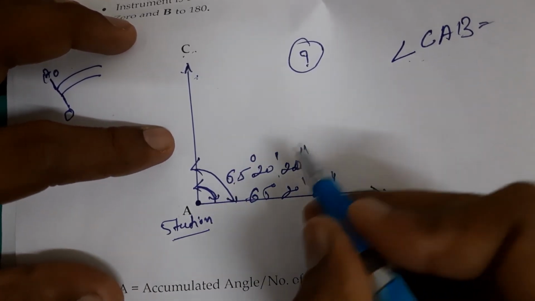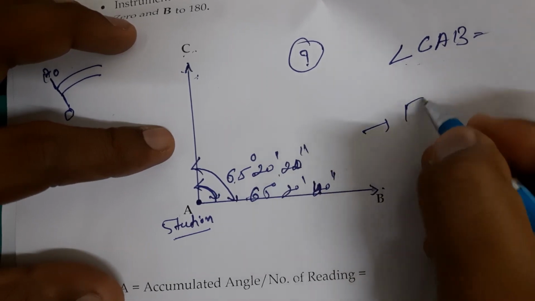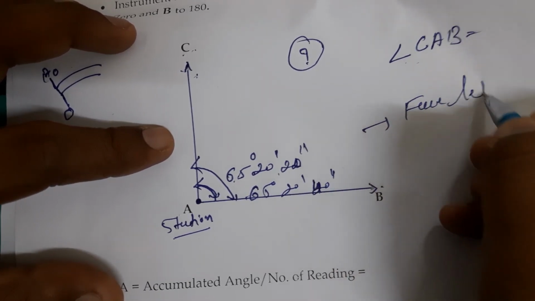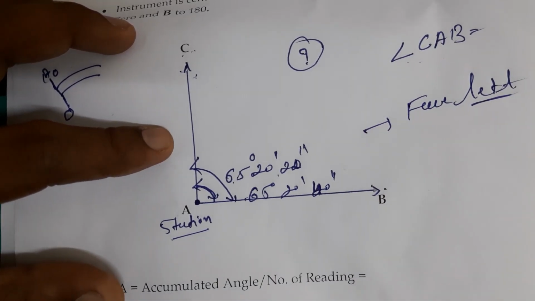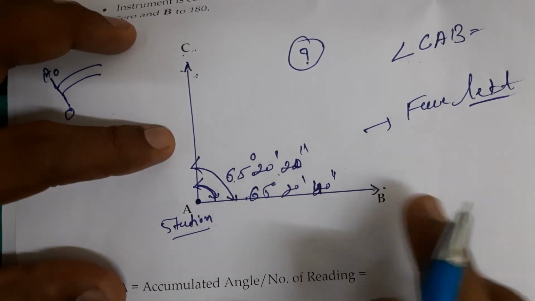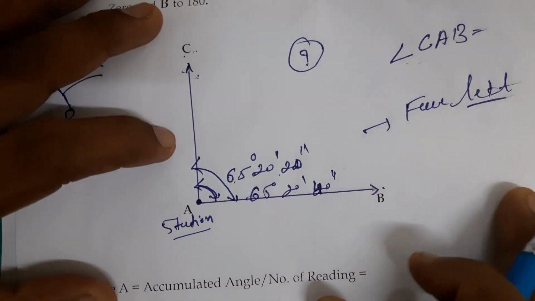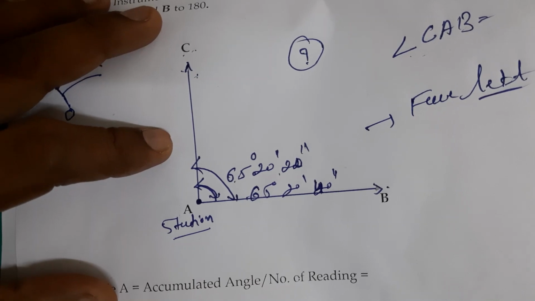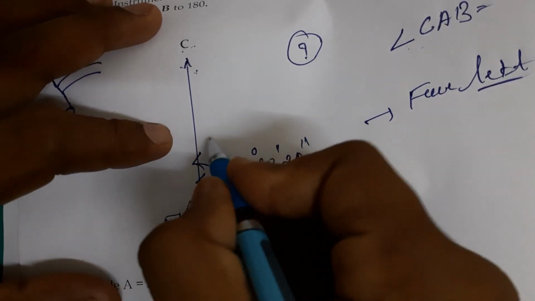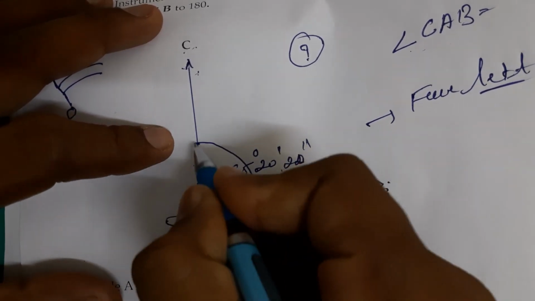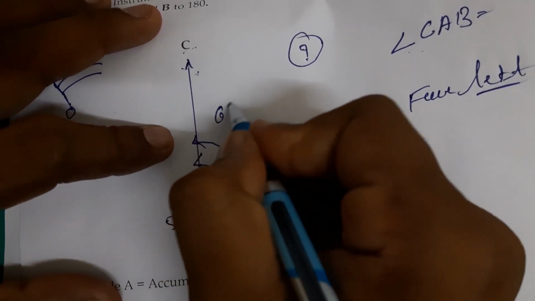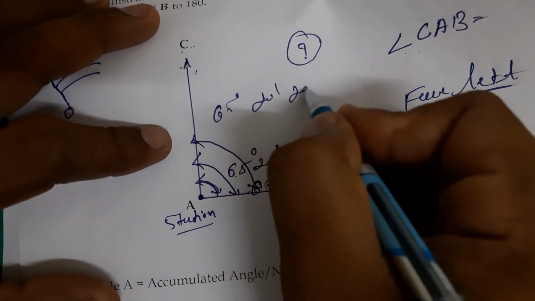All the readings are measured from the face left. So this is the 65 degrees. Then we repeat the same procedure and measure this angle once again, and the reading is about 65 degrees, 20 minutes and 20 seconds.